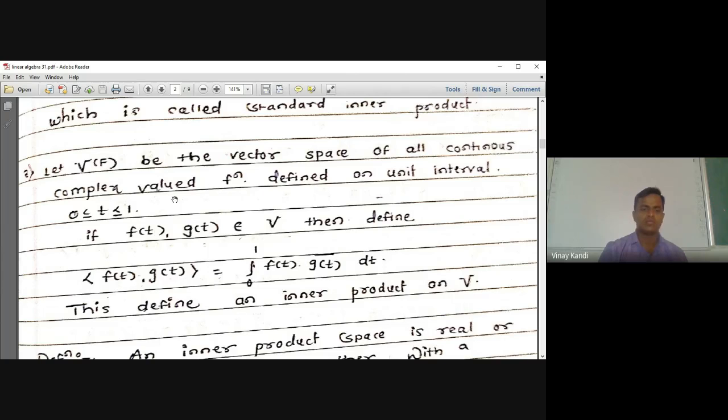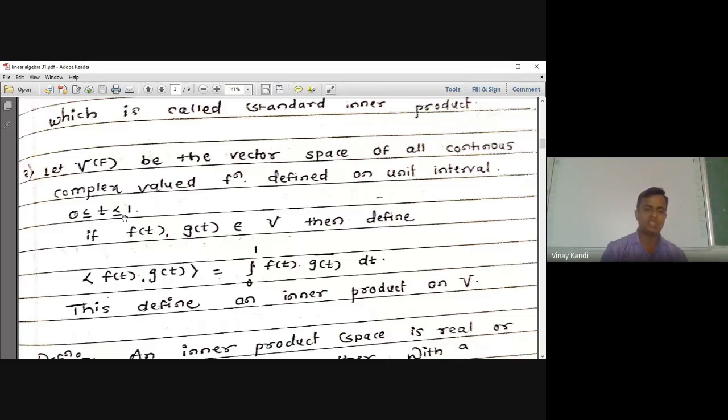Let V be the vector space of all continuous complex valued functions defined on the unit interval 0 to 1, where t runs from 0 to 1, which means the functions are defined on a closed interval, 0 less than or equal to t less than or equal to 1.